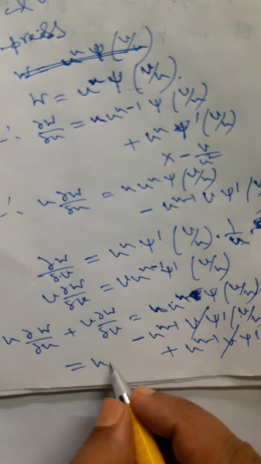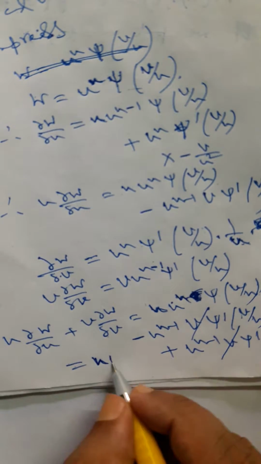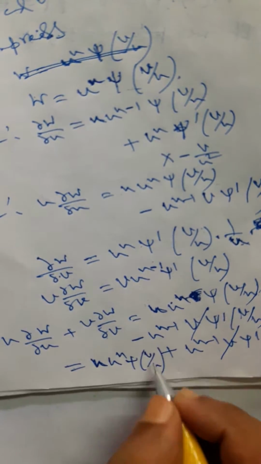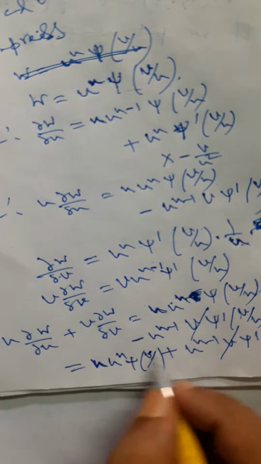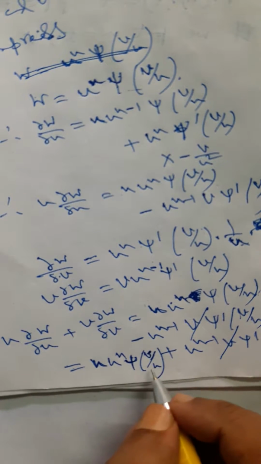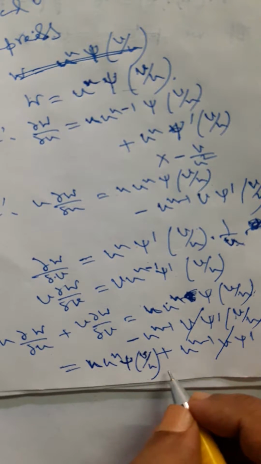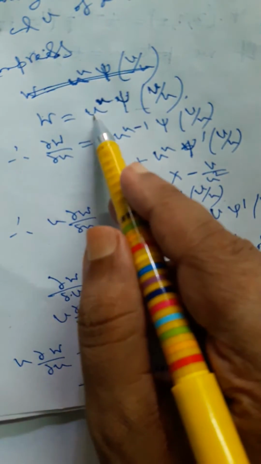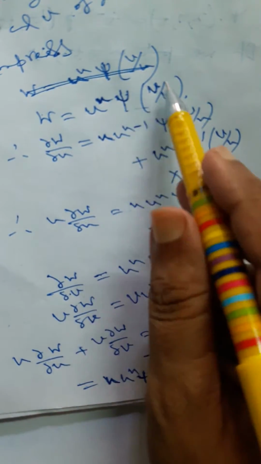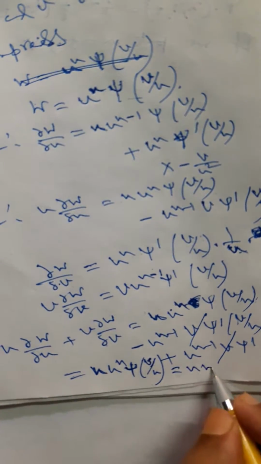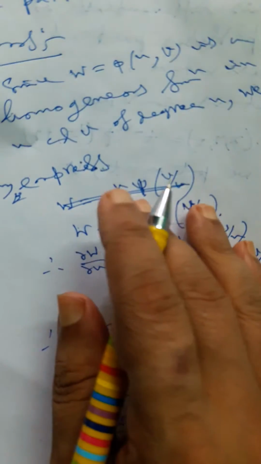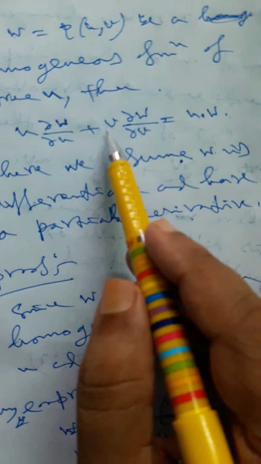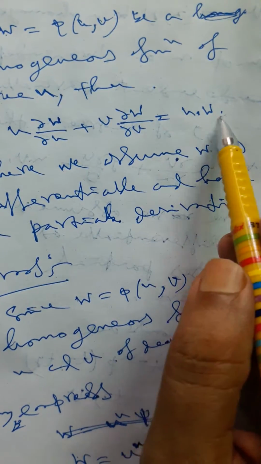So we finally get n u to the power n psi of v by u. We prove our result: u to the power n psi of v by u is w, so it is n into w. So we have proved u del w del u plus v del w del v is equal to n into w.